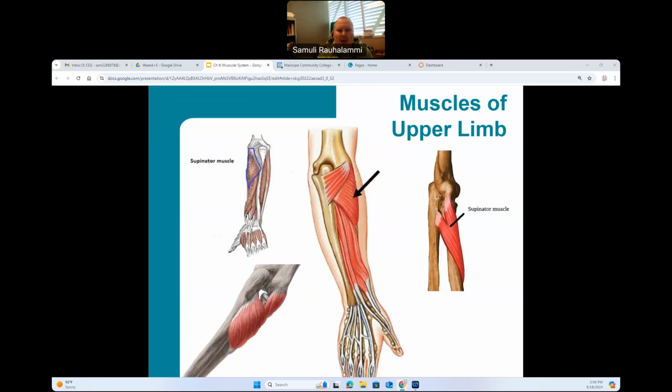Here we're seeing a rather interesting muscle, the supinator muscle. This is a deep muscle at the posterior elbow, and what we end up seeing is that they connect at the lateral epicondyle of the humerus, running to the proximal end of the ulna. And the function is, not surprisingly, based on the name, supination.